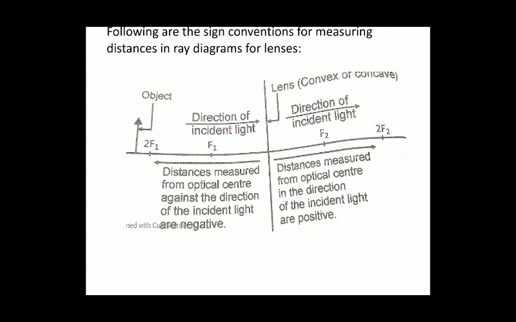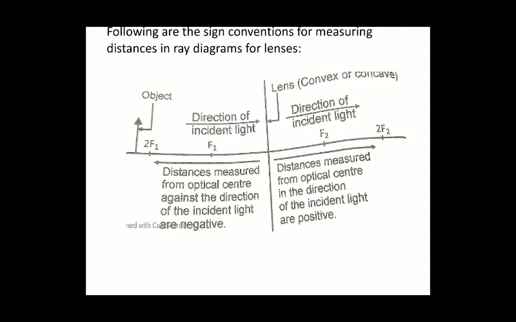Right? Now, the intersection of the x-axis and y-axis is considered as the origin, same as that of the graph. So if we move toward the left, distances measured from the optical center against the direction of the incident light are taken as negative, same as in the case of graphs.